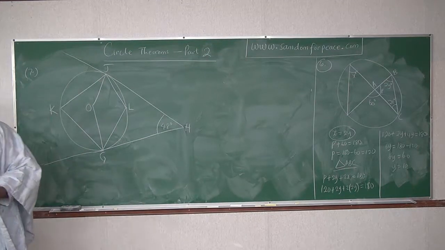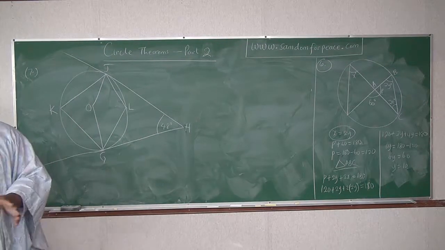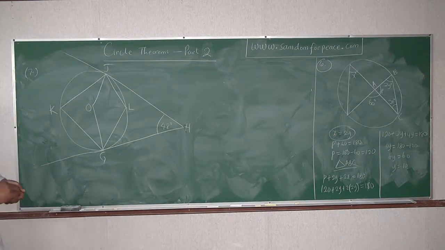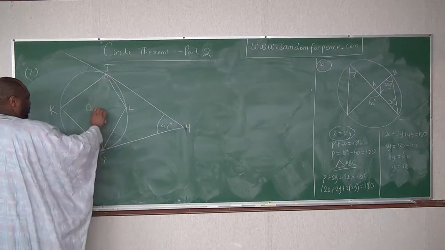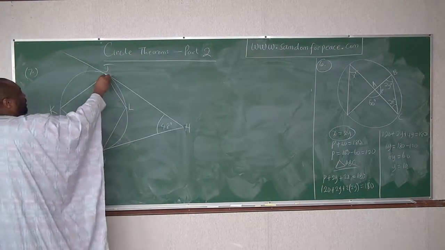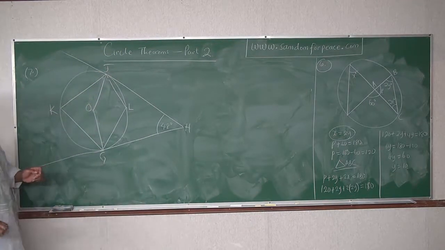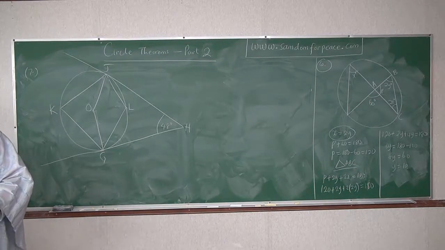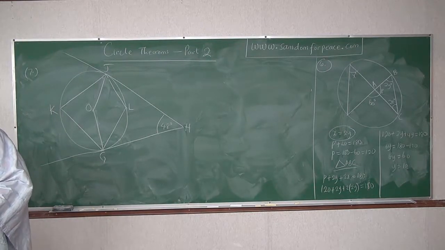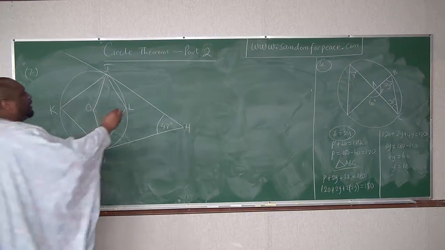Alright. The diagram below, not drawn to scale, shows a circle with center O. HJ and HG are tangents to the circle, and angle JHG is 48 degrees.